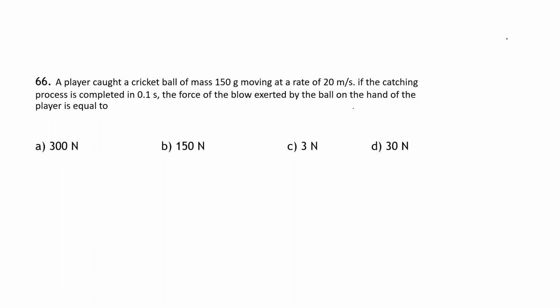So the mass of the cricket ball is given, it is 150 gram. It is moving at the rate of 20 meter per second. If the catching process is completed in 0.1 second, so here they have given the time interval as 0.1 second. The force of the blow exerted by the ball on the hand of the player is.